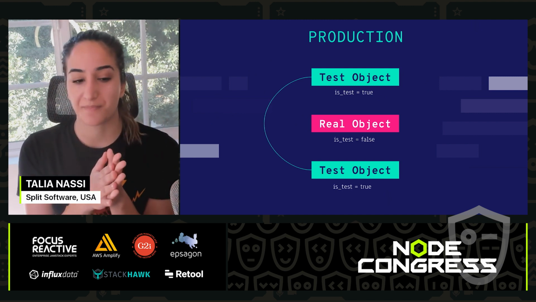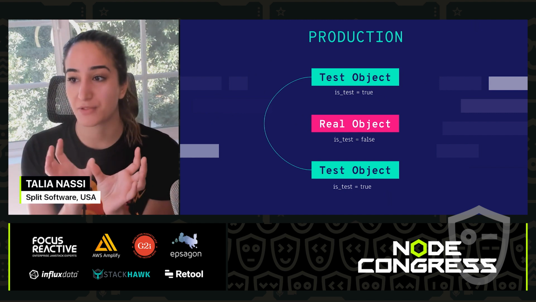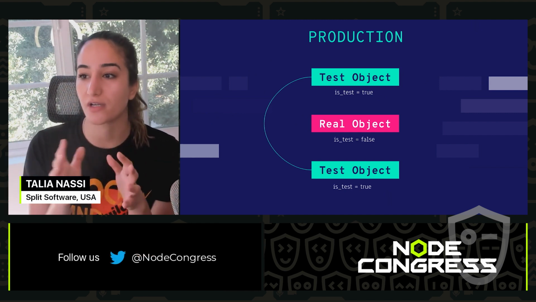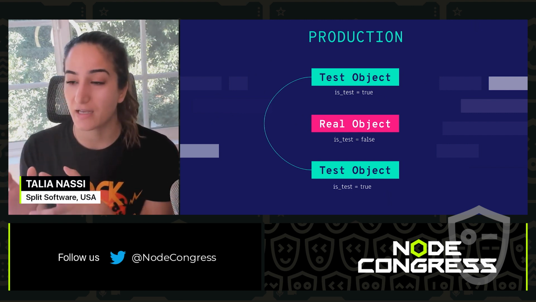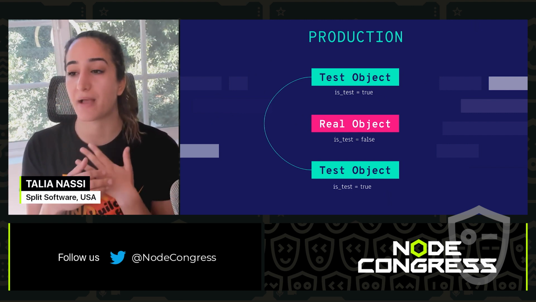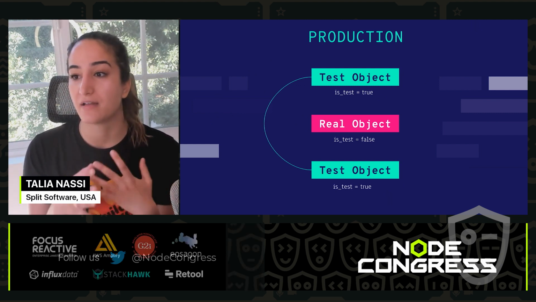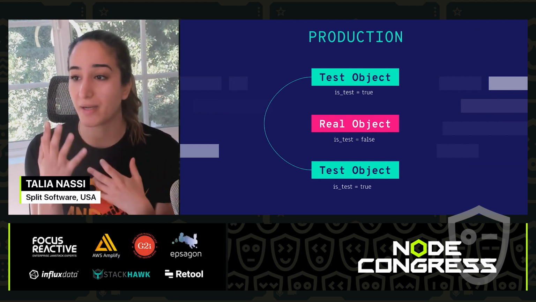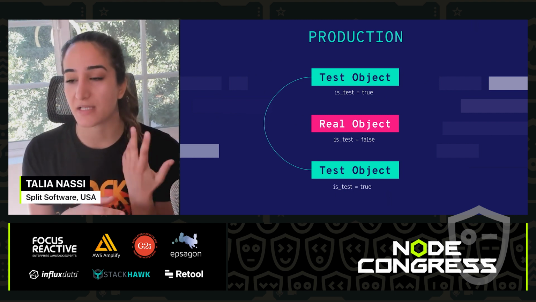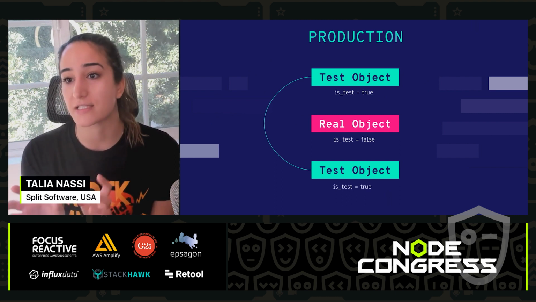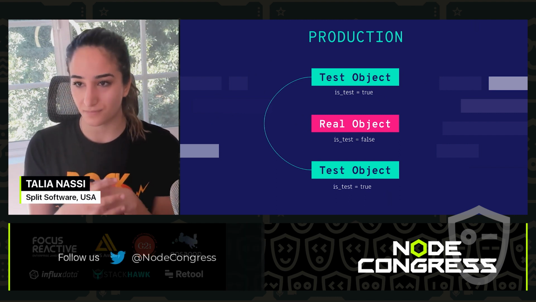And that's how you can differentiate between real data and test data. So my stakeholders are going to look at the real data, while I, as a tester, and my engineering team, are going to look at the test data and see if there are any bugs that were caught, and see what needs to be updated in the test. Those two need to be separated, and this is how you separate them.